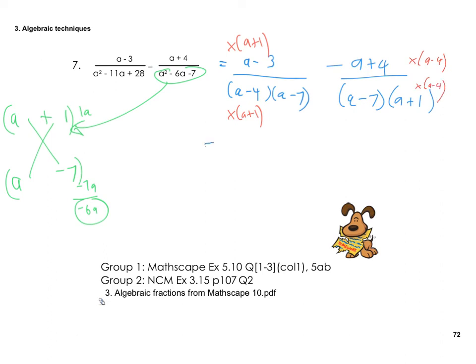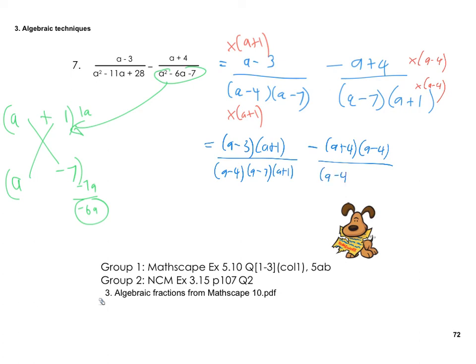So it's going to be (a minus 3)(a plus 1) over (a minus 4)(a minus 7)(a plus 1), take away (a plus 4)(a minus 4) over (a minus 4)(a minus 7)(a plus 1).